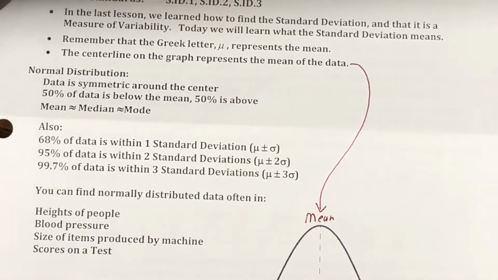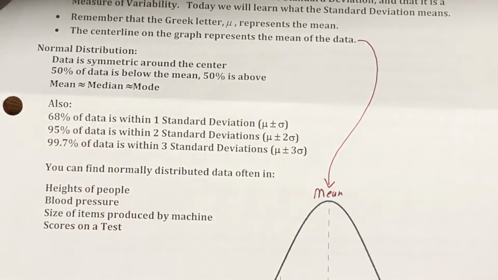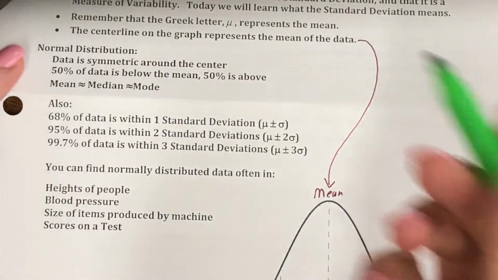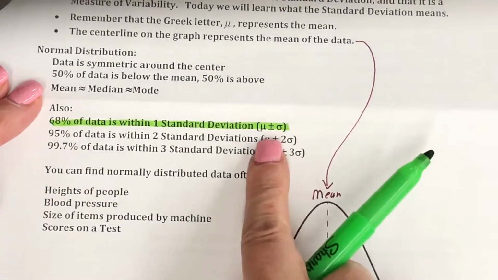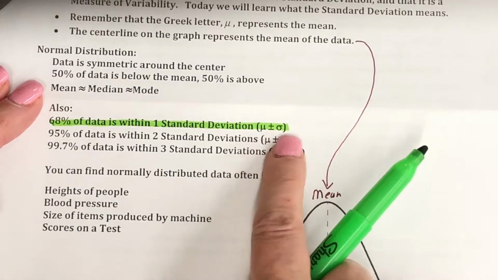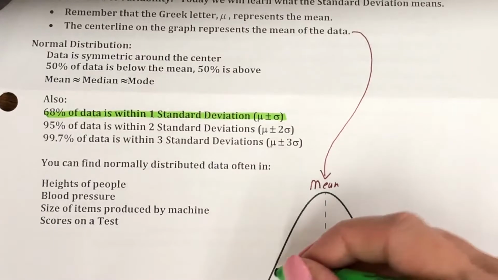We also need to recognize that 68% of the data is within one standard deviation. And we represent that by saying mu plus or minus sigma. And remember, sigma represents the standard deviation. So that is right here.